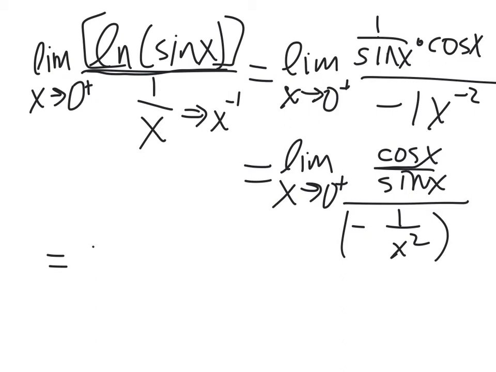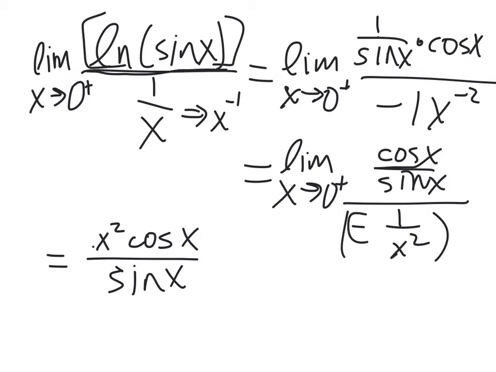We'd have x squared cosine x over sine x. Don't lose the negative sign, negative 1. And as we're still looking at x approaching 0 from the right, what's this give us?